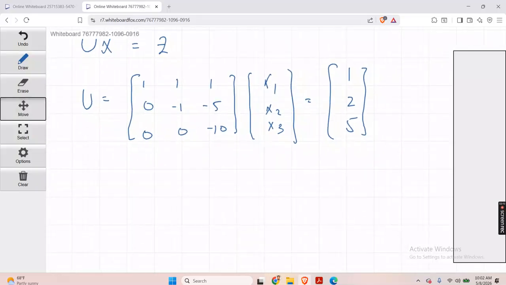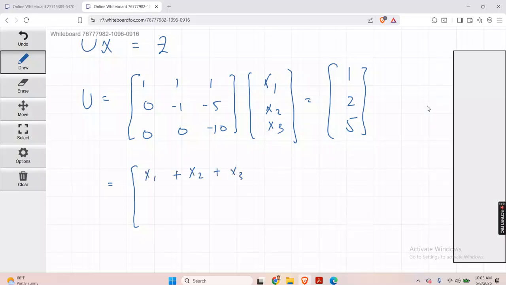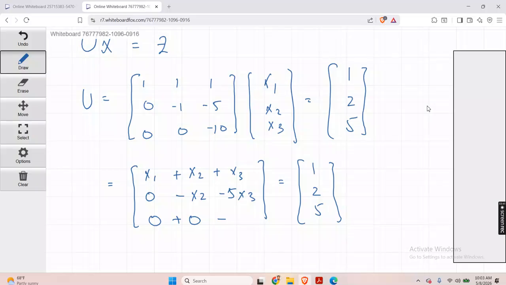Okay, again, just multiply this with x1, and so it will become x1 plus x2 plus x3 is equal to 1. Then we have 0, so 0 minus x2 minus 5x3 is equal to 2. We have 0 plus 0, this is 10, so minus 10 x3 is equal to 5.